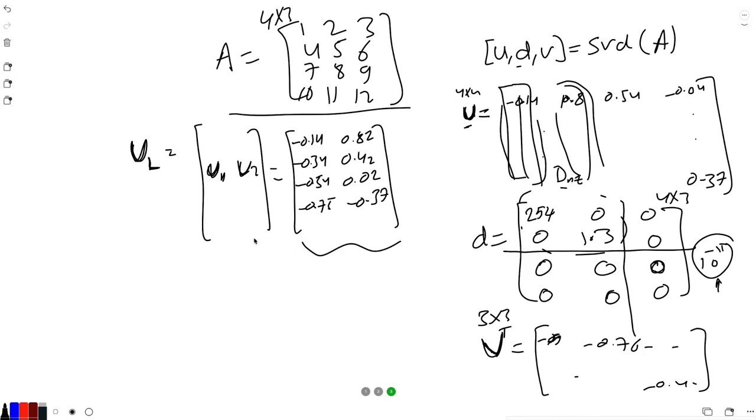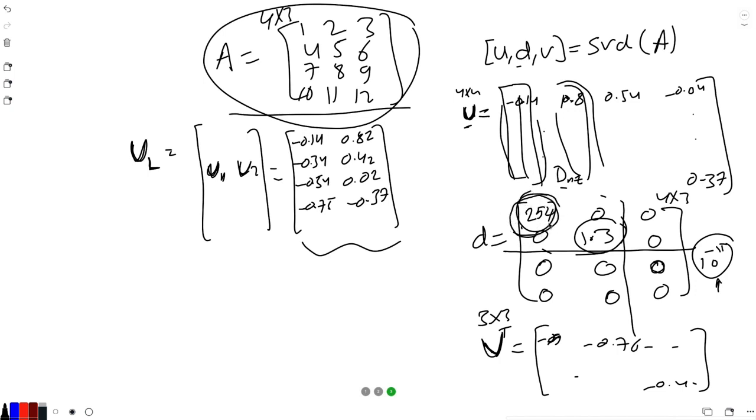Okay, if I ask you what is the most important component in this matrix? You can see that matrices U and V are orthonormal, which means their length is equal to 1, and the scale is given here. So remember this: the highest information in this data is in the eigenvectors associated with the highest singular value.